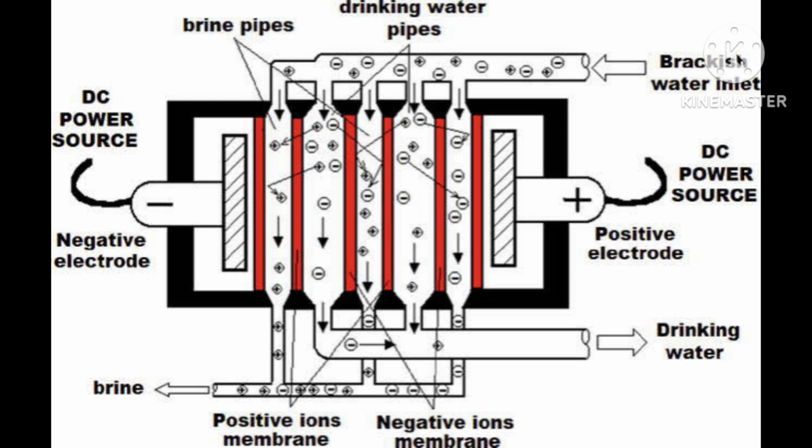I was telling about the parts. The first part is the electrodes. The second is the ion selective membrane. And the third part is the DC voltage you have to apply, a direct current source, like a battery of high capacity.